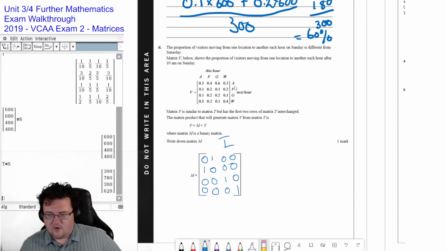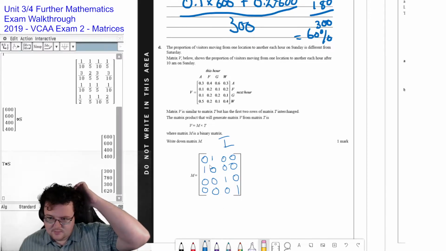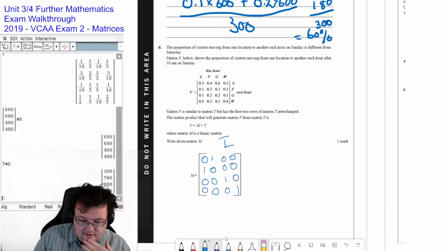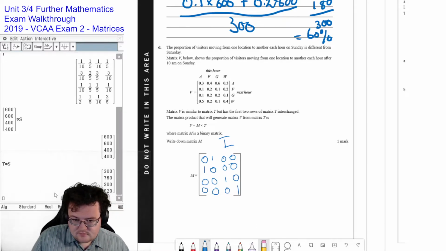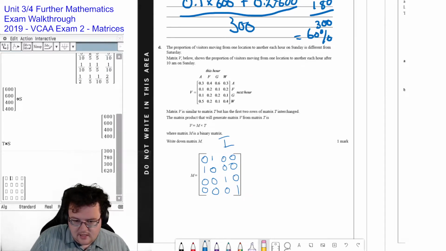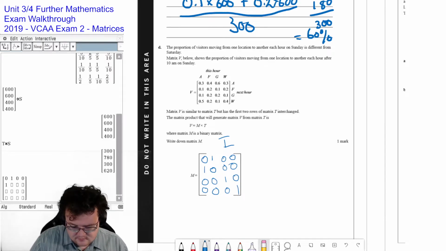And now if I multiply this by T, which I can do because I've got my calculator here. So I've got a 4x4, and I'm going to do this as a test and a demonstration.